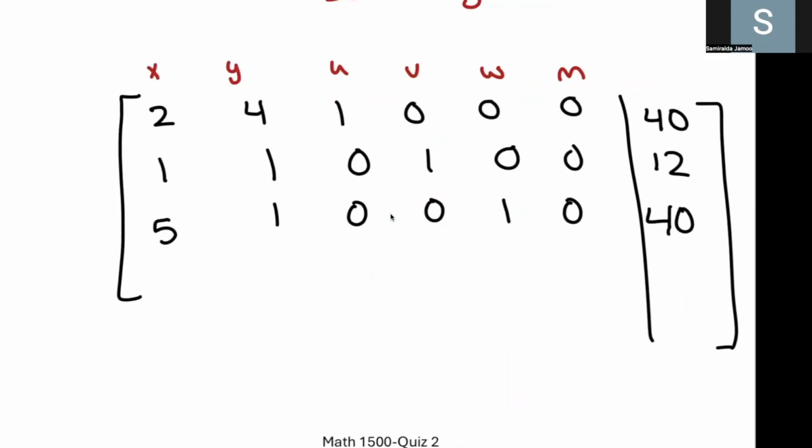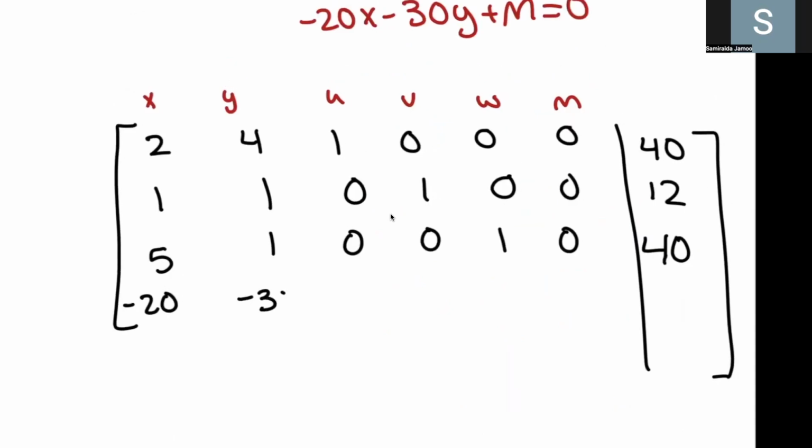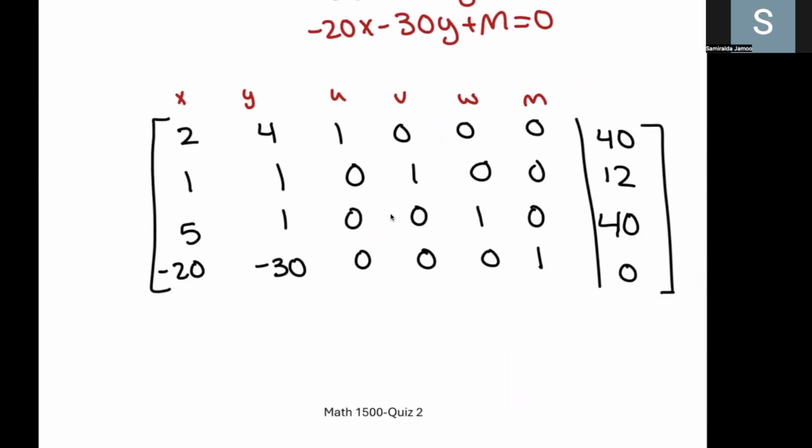And then finally, my objective function, which is negative 20, negative 30, 0, 0, 0, 1, 0. There we go. Now my goal is to end up with no negatives on the bottom of this line. Unfortunately, as of right now, I have 2 negatives there, so I am not done.